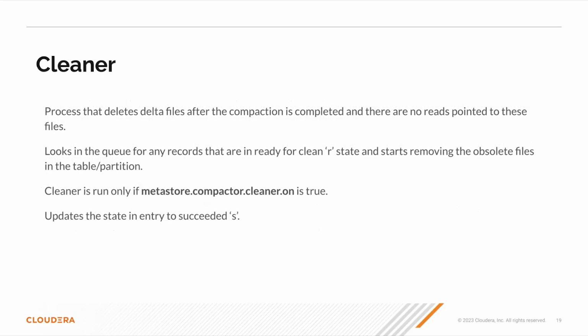If you still want to retain the directories for some time, or if a history needs to be stored, there are configurations to retain them for some time, so those can be enabled. Once the cleaner completes it, it changes the state to succeeded, and the compaction is done.